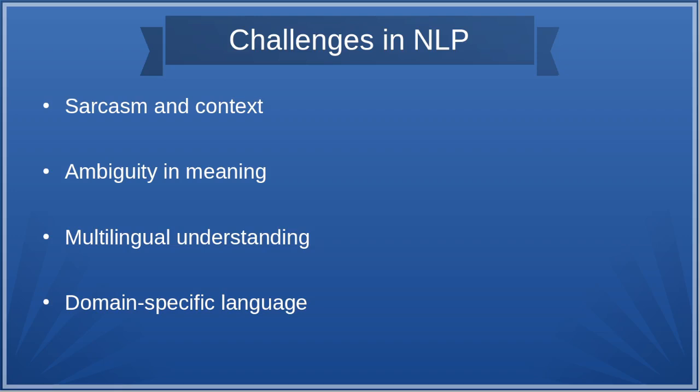Similarly, ambiguity in meaning and multilingual understanding, like if the sentence has words from different natural languages, then identifying them may be a bit difficult. Advanced models now do that properly, but it's still a challenge in NLP. And domain specific language. If you're going through a medical article, pressure means blood pressure, we can assume.